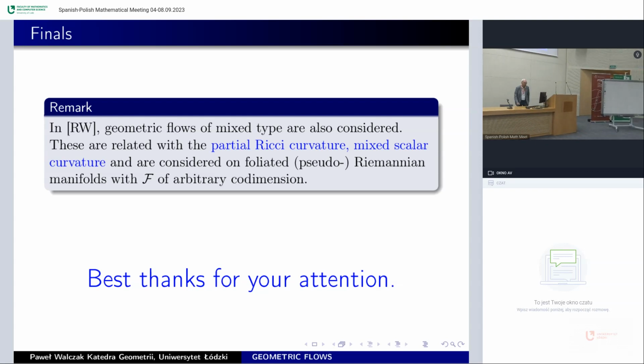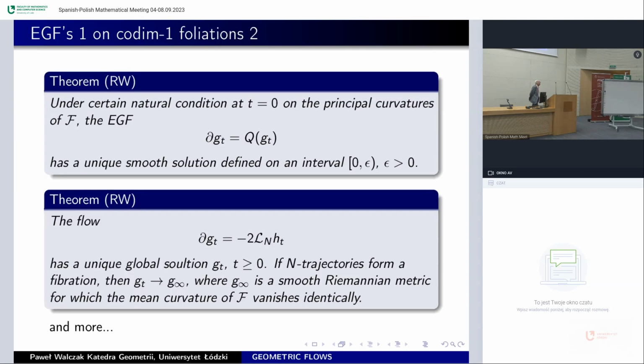If I understood correctly, this limit, G infinity, is the metric on the whole foliation, on the manifold M, and all the leaves are minimal. Can you tell if this foliation in the limit is going to have leaves that are equidistant?